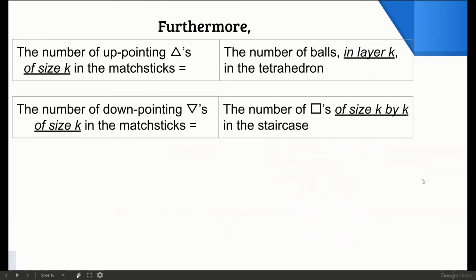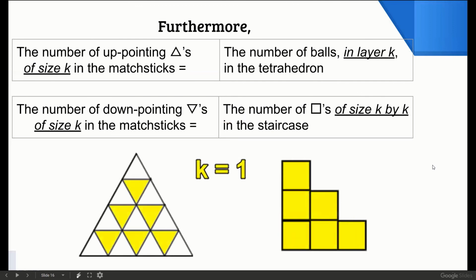Now let's take a look at the down-pointing triangles. The number of down-pointing triangles of size k in the matchsticks is equal to the number of squares of size k by k in the staircase. Again, let's look at k equals 1. Here are the down-pointing triangles, 3 plus 2 plus 1.